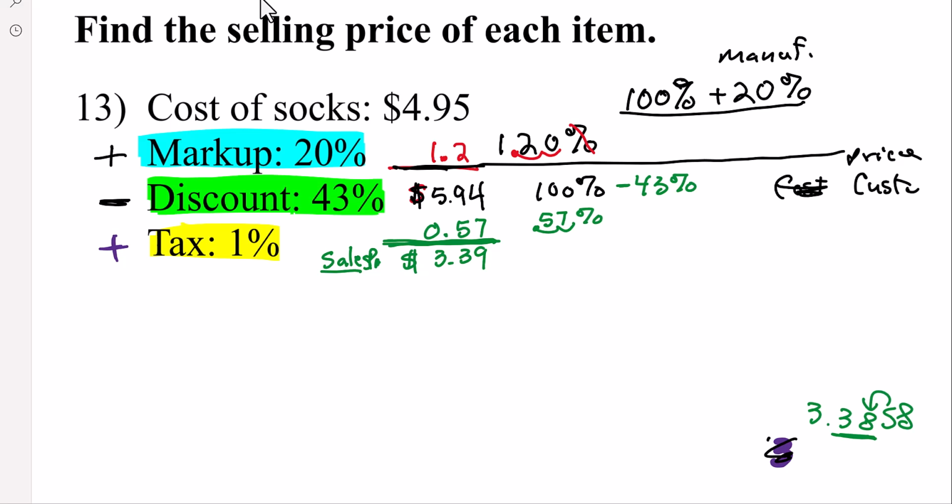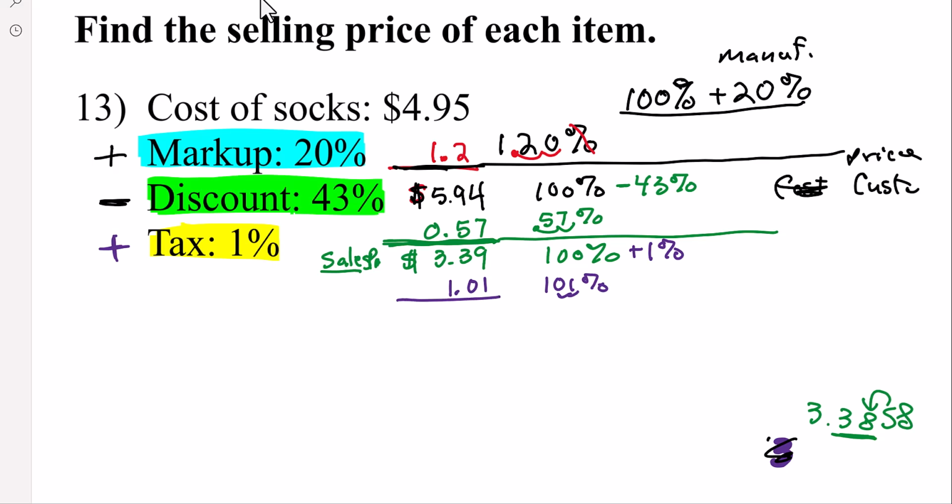So this sale price, the $3.39, is the new 100%, but we're also paying an additional 1%. So 100% plus 1% is 101%. And then we're going to convert that to a decimal. So we're going to multiply $3.39 times 1.01.